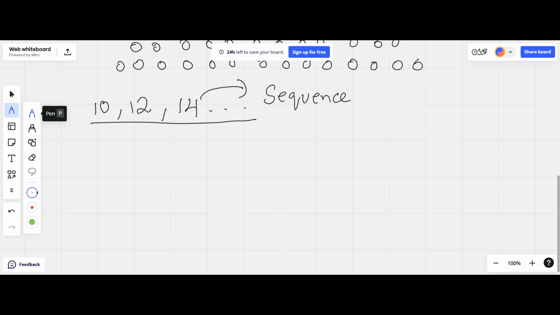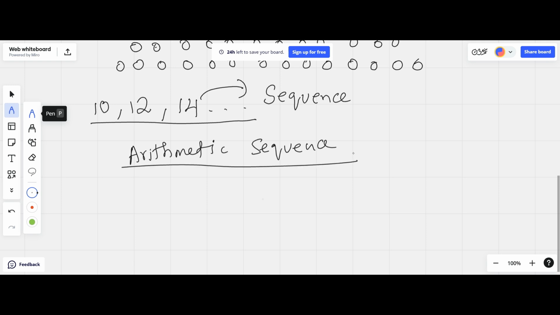So there are many types of sequence, but today we are going to study a particular type, which is called arithmetic sequence.